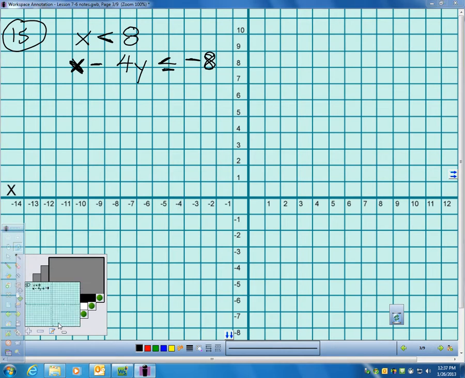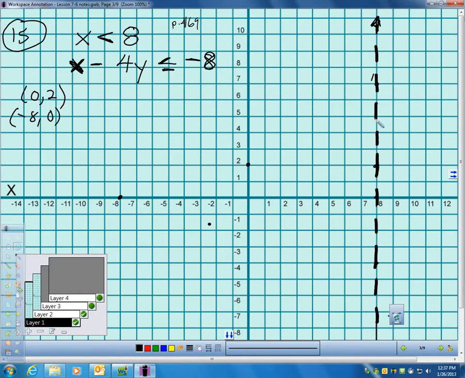So again, you might want to pause the video real quick, go to page 469, okay? And in question 15, it says graph the system of inequalities. So I have two inequalities, and I want to graph these. So let's graph x less than 8. And remember, x equals 8, if we always pretend that it's equals first, x equals 8 would be the vertical line 8 units over.